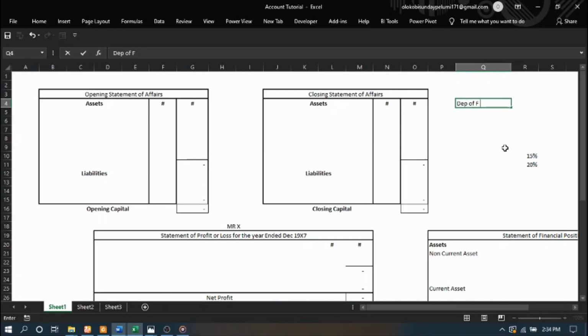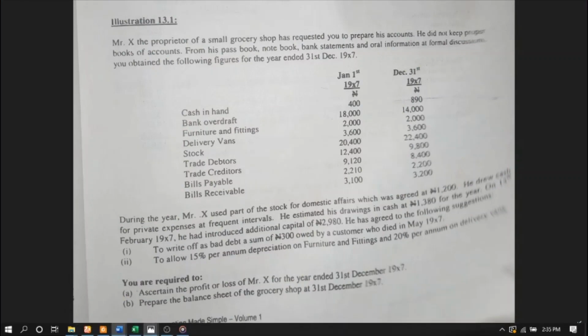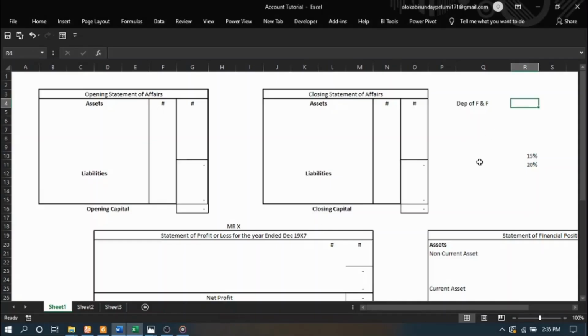Alright, so let's start with the depreciation of furniture and fittings. What is the value of that? The furniture and fittings is 2,000, and the rate is 15%. So we have 2,000 times 15%, which is 300.